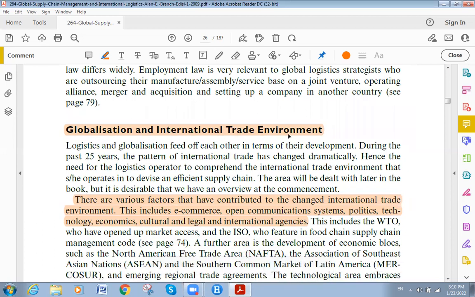Globalization and the international trade environment. One thing I want to tell you is that we are living in an environment. We cannot deny ourselves from this environment, and we cannot live in isolation out of the environment around us. That environment can be political, social, economic, religious, or cultural, and each of those environments is very unique for each country.